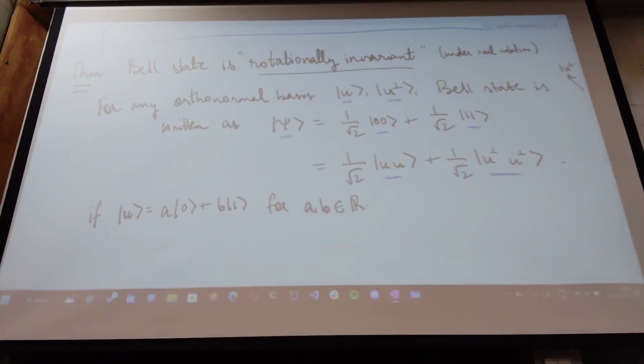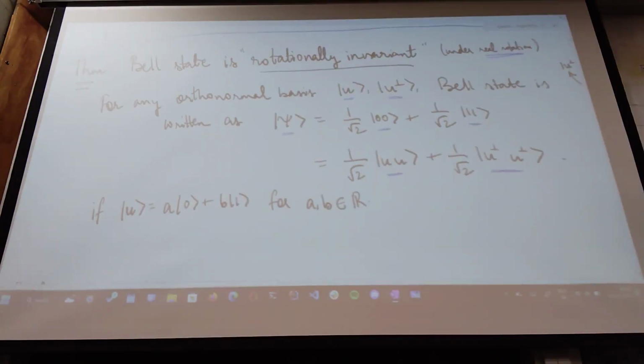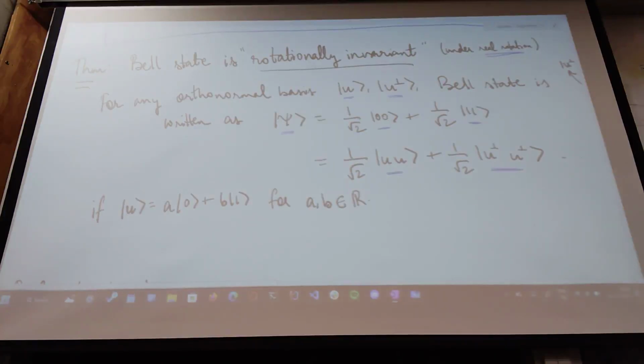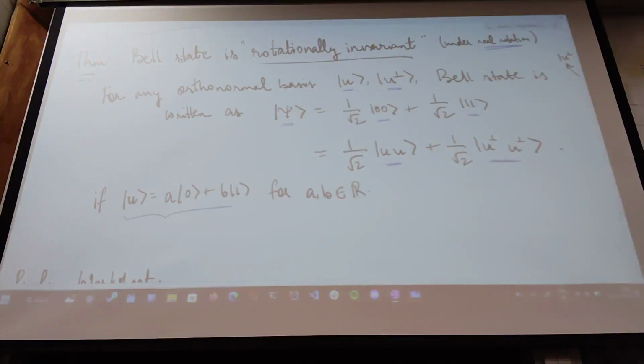And the important restriction here is that u and u perp must be written in terms of 0 and 1 as real sums. You can't have complex sums. So recall earlier that we defined quantum states to be a quantum linear sum of 0 and 1. But in this case, we are not allowing that. Because if we did, you could say that any state is a Bell state, which is clearly nonsensical.